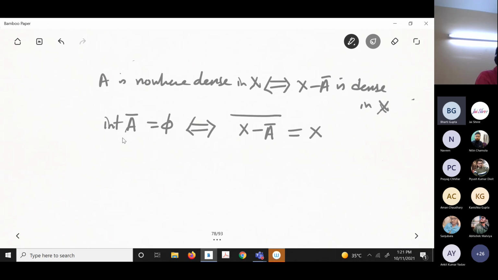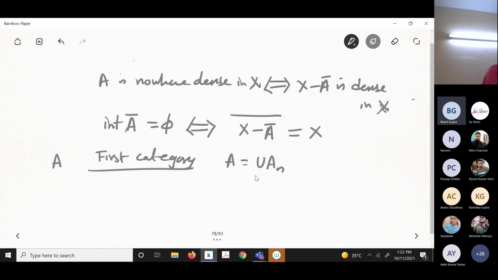And then I defined first category. A is a set of first category. Everything in a topological space you are doing. Here you will see why I talked about topological space instead of metric space. Here we only deal with open sets, closed sets. We do not need any metric d. The first category means that there exists a sequence A_n, not for all n, such that each A_n is nowhere dense.